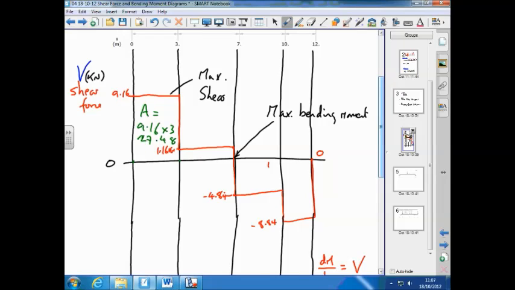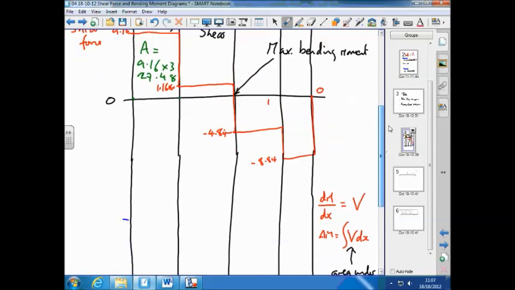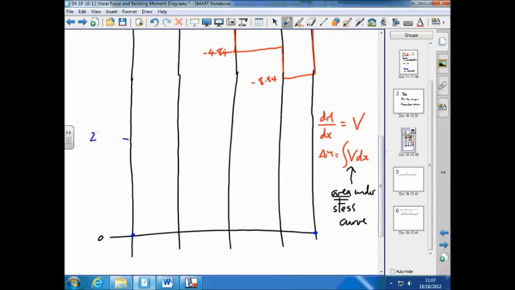So that figure is the change in moment as we go from 0 across to the 3 meter point. So we mark up here that moment, which is 27.48. And at this point, that's the moment. So it's going from 0 up to that point.